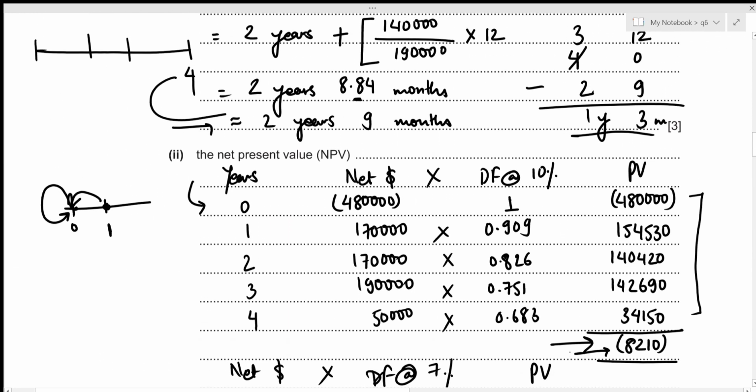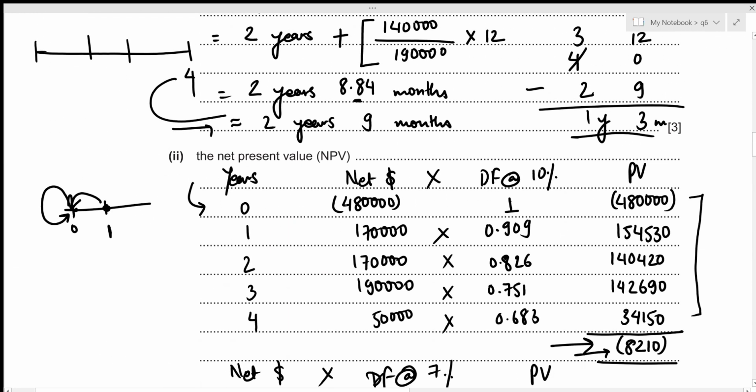Okay, let's calculate the net present value. So previously our initial investment was 480,000. Now it could just be 400,000, right? So 400,000 times 1 is 400,000. But the other remaining years will remain the same. So now the new net present value could be the sum of these 5 amounts.